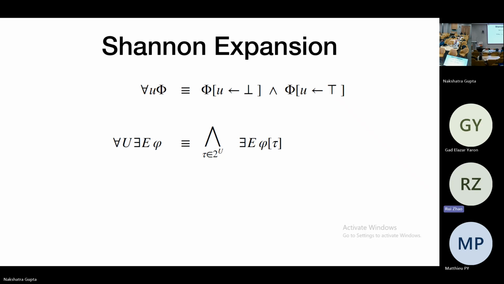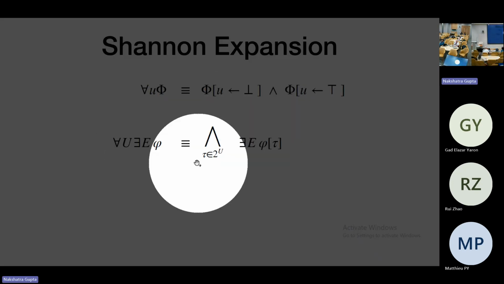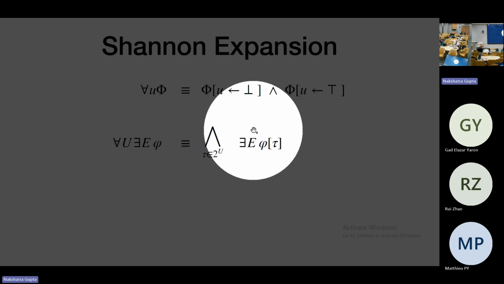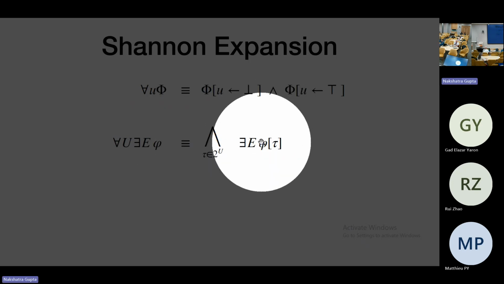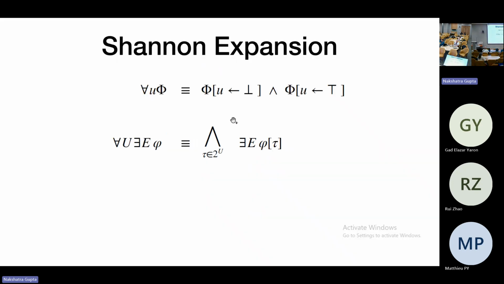So we have our matrix pi here, and then we just take a big conjunction over the universally quantified variables, plug in this assignment, and then still existentially quantify over these e variables, right? So that's equivalent.